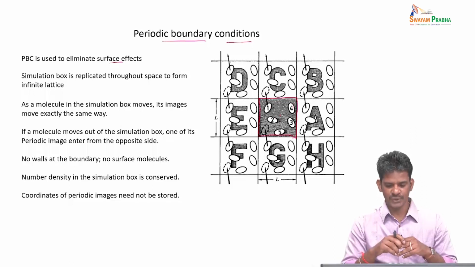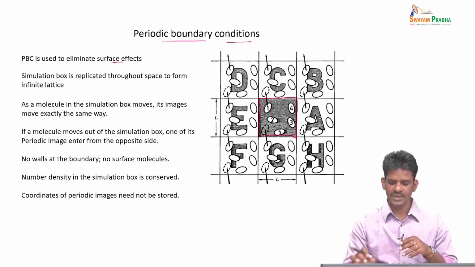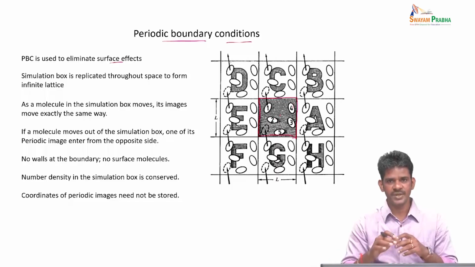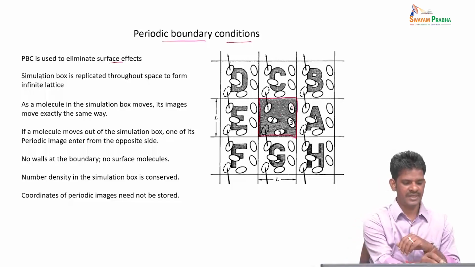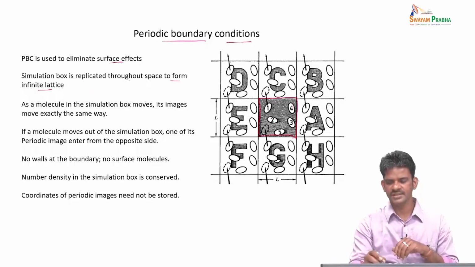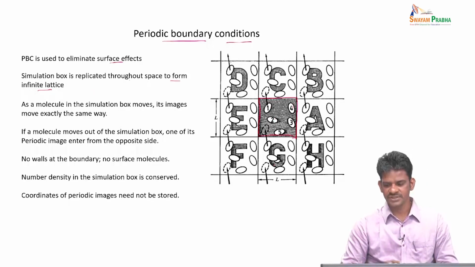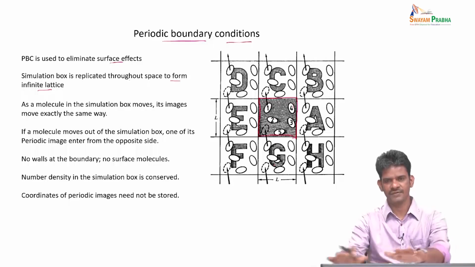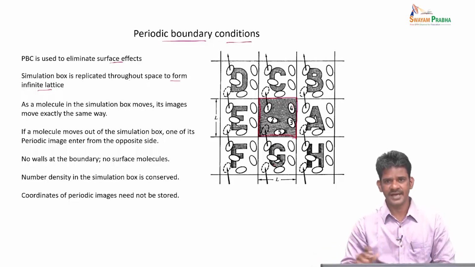Now, in the periodic boundary conditions, you take this central simulation box and then you replicate the same box in the entire space. So we replicate the simulation box throughout the space to form an infinite lattice. What we have shown here is the nearest neighboring boxes, but there are boxes everywhere around it, and they are exactly identical.